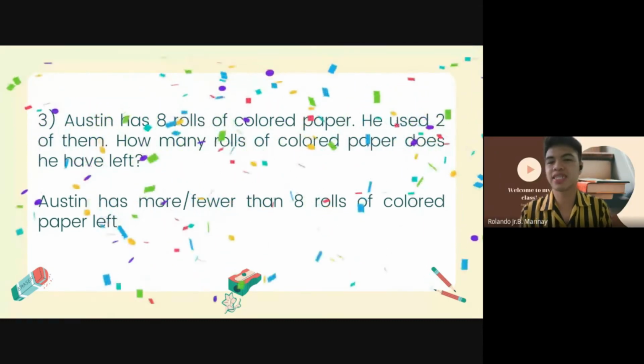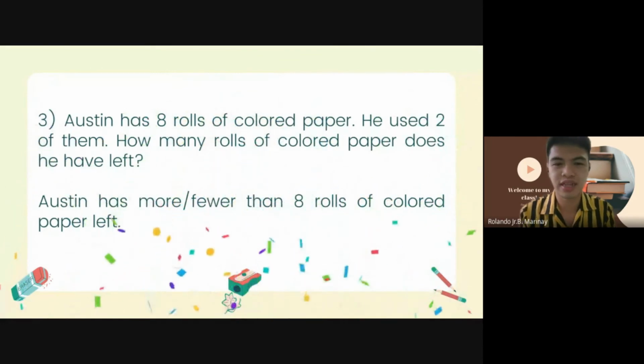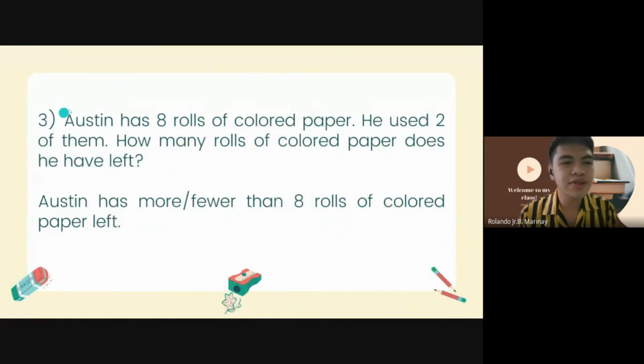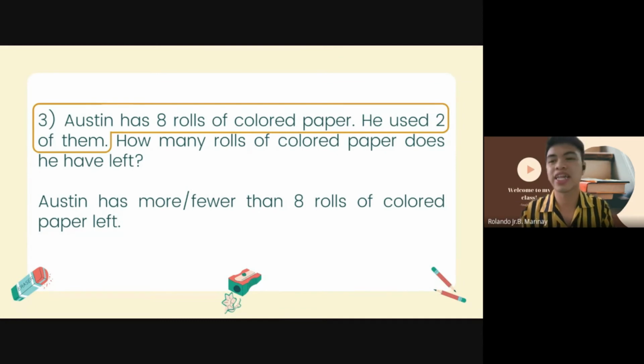So which part is the information? If I write here A and B, is it A or B? Which is the information part? What are we going to encircle? The A. We always encircle the first part, because the information is usually given at first.